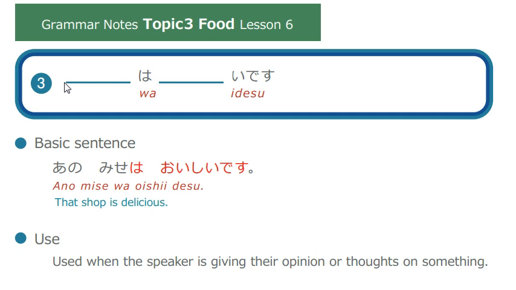It's a very simple structure to follow. The item that you're talking about, or the shop or the food item you're talking about, comes first, followed by wa, the particle wa, that is the topic particle. It shows what you're talking about in the sentence. You're talking about what comes before the wa here, and then the adjective.